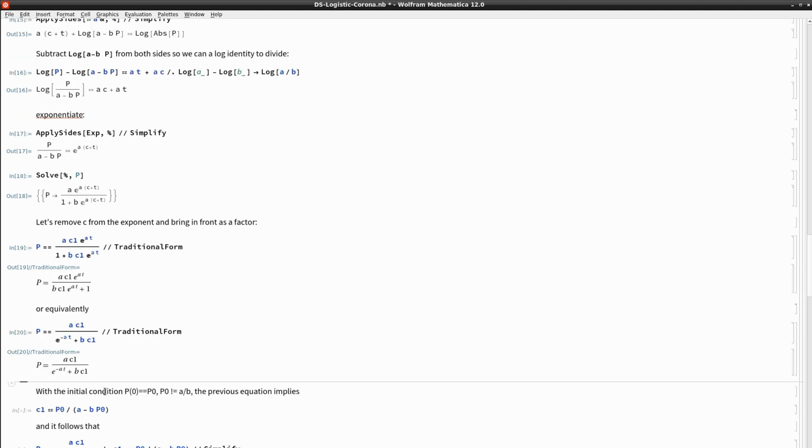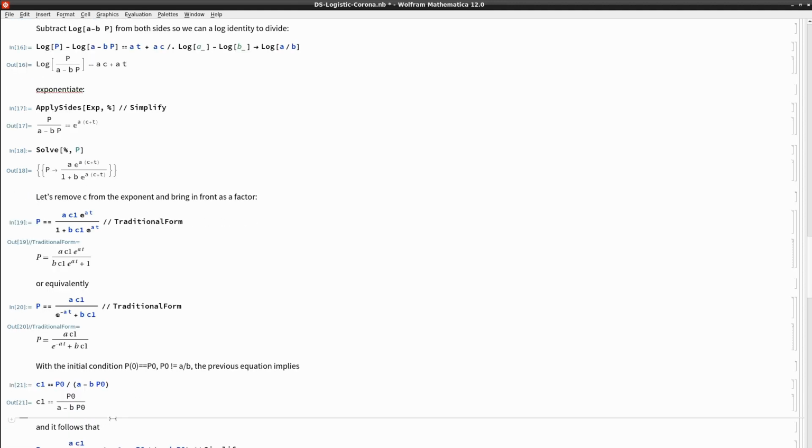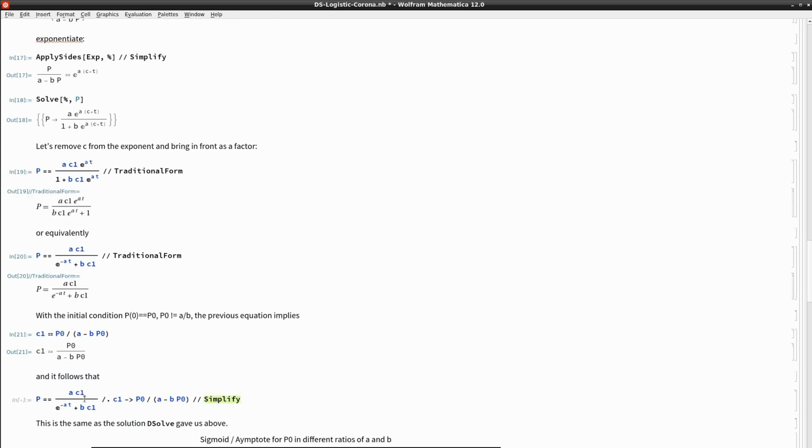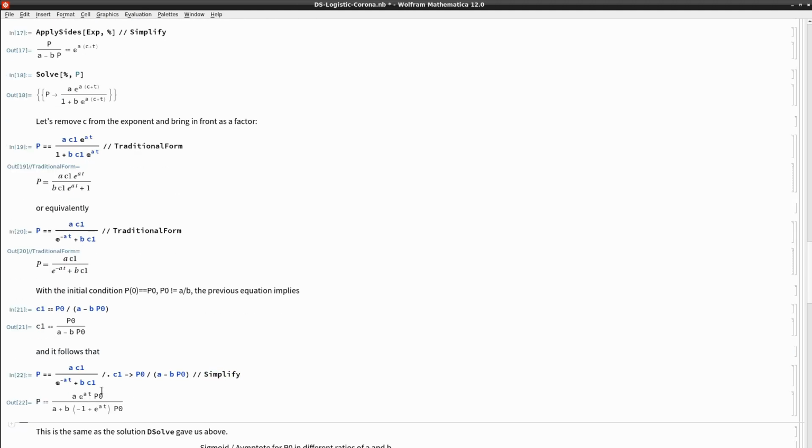Okay, and with the initial condition p of 0 is p0, which we have to make sure cannot be a over b, then this equation implies that we get a factor c1 of p0 divided by a minus b p0. And if we substitute that, if we use a replacement rule, it follows that we are getting this equation. And this is exactly the same output that the solution of dsolve is that we saw earlier.